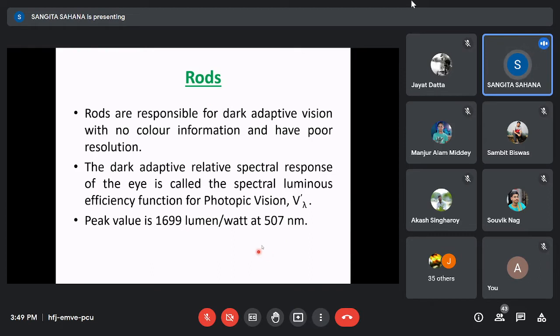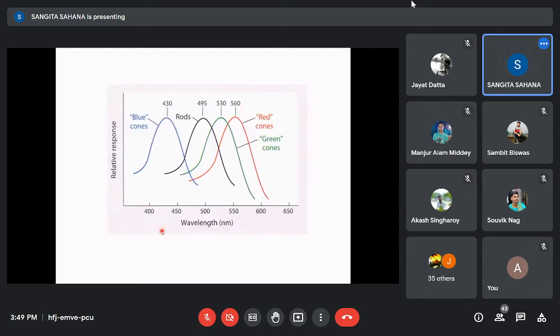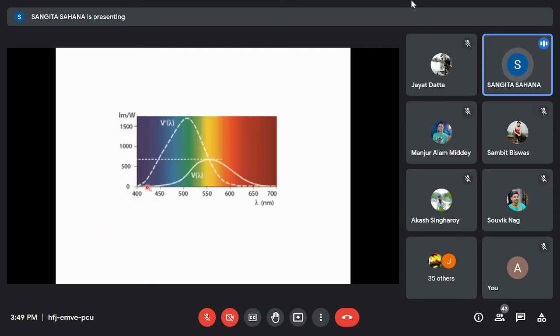For rod cell, the peak is at 507 nanometer. The value is 1699 lumen per watt. So this is how our eye can see according to the cone function. This is how I can see according to the rod cell.